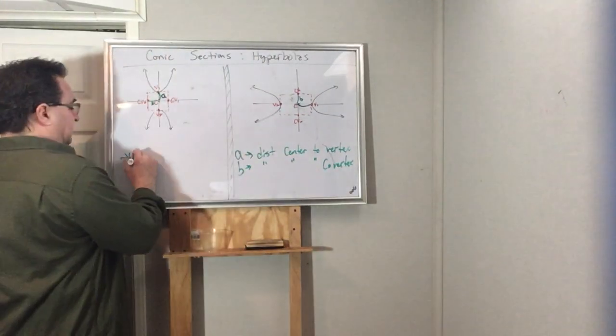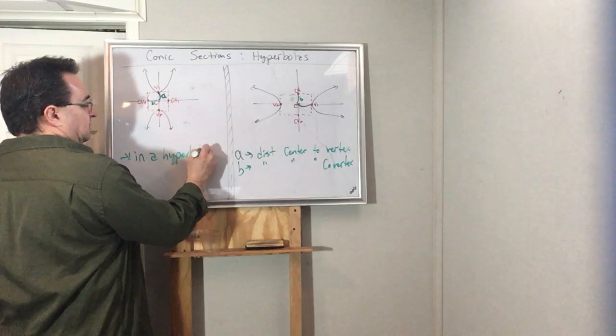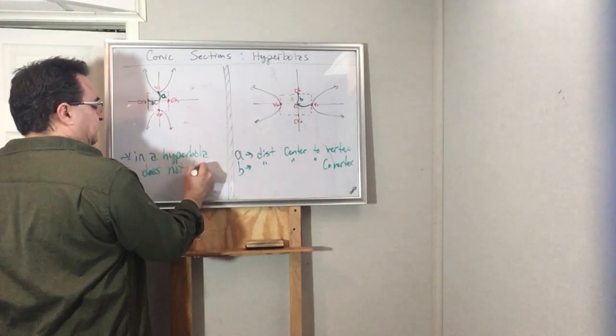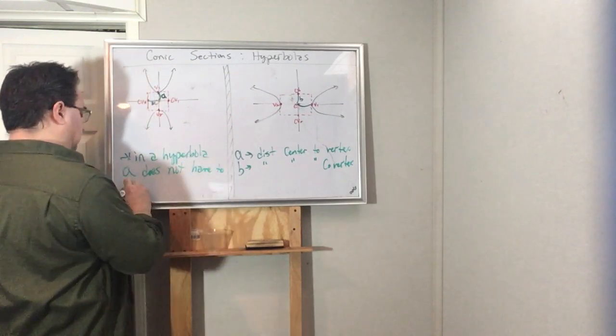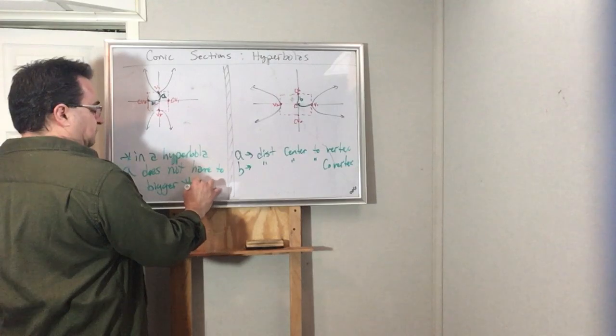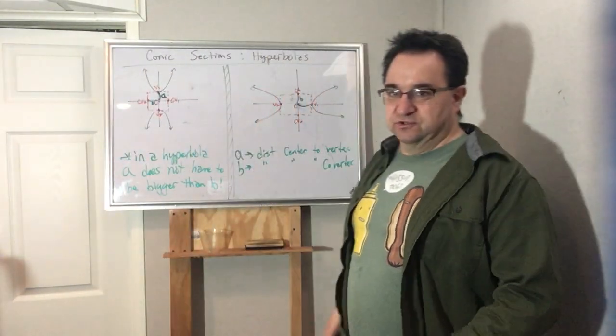What really messes with people in a hyperbola, A does not have to be bigger than B. I wish it was. I wish it was true like it's true for the ellipses.